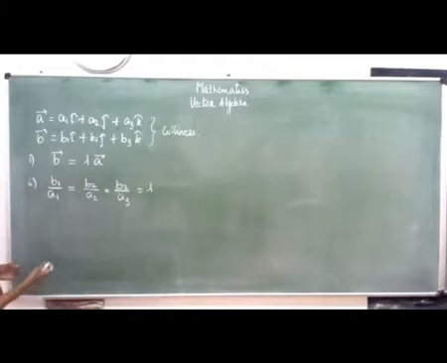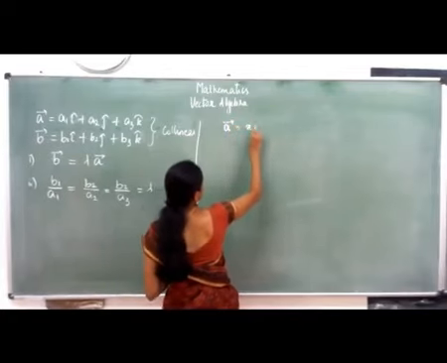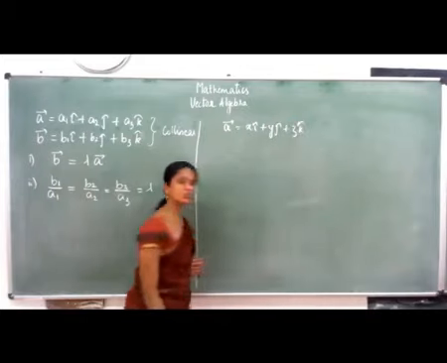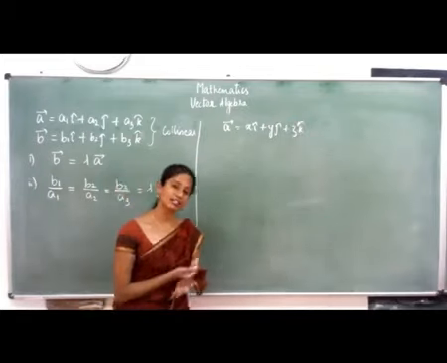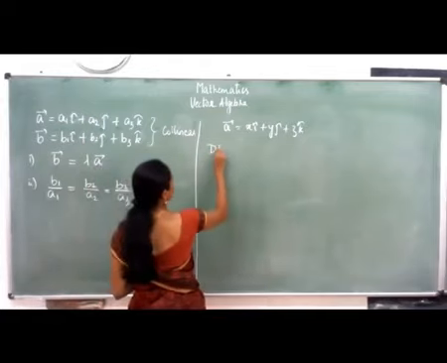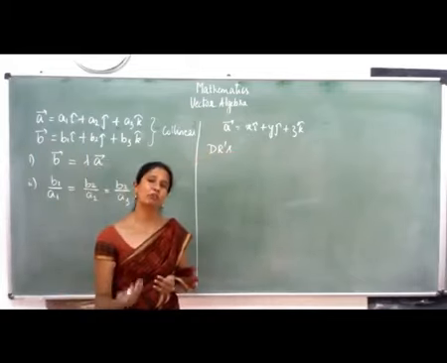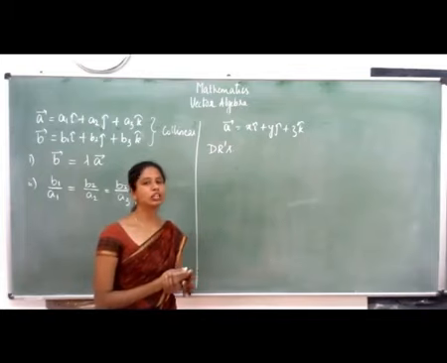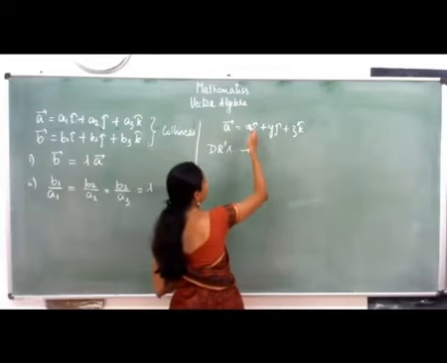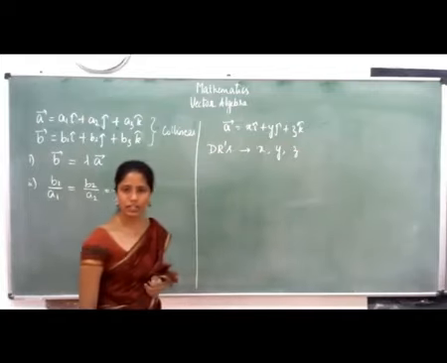After this, we have seen that if we are given any vector, say x i cap plus y j cap plus z k cap, and we consider this to be vector A, then if they ask us to find its direction ratios and direction cosines, for finding its direction ratios you just write the scalar components of the given vector. So what are the scalar components here? It is x, y and z. So x, y and z will be your direction ratios.